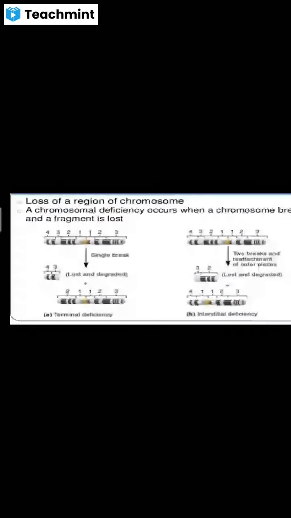Then deletion, that means there is the loss in the regions of the chromosome. So chromosomal deficiency occurs when the chromosome breaks and loses the fragments or segments of the chromosome. Here I just magnify that. In case of terminal deficiency, there is a one side break.